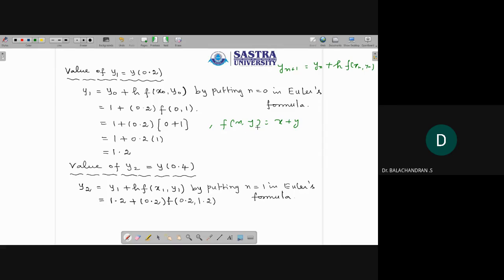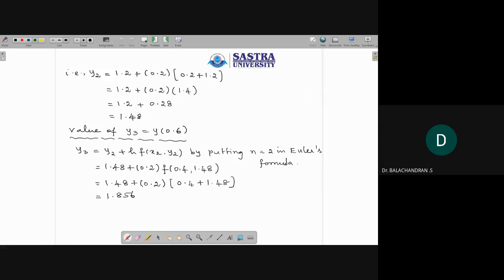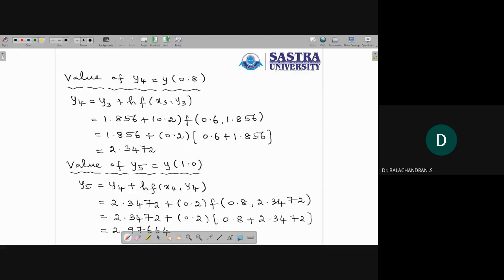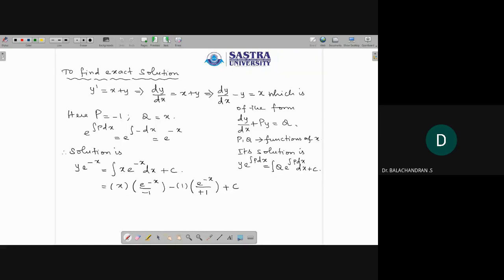That means you should add these two values, that is 0.2 plus 1.2 is 1.4. Then simplify and get the value. For the remaining, I think there is no need to explain. You can replace n equal to 2 in Euler's formula and easily get y3, y4, and y5. Okay.